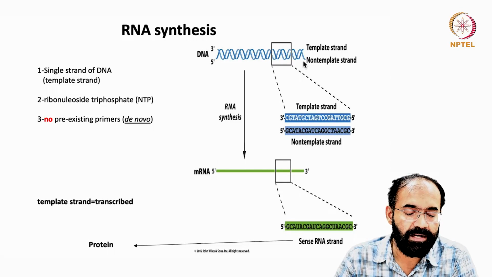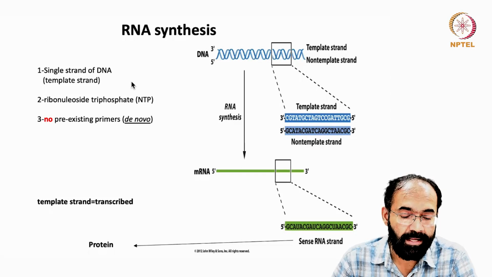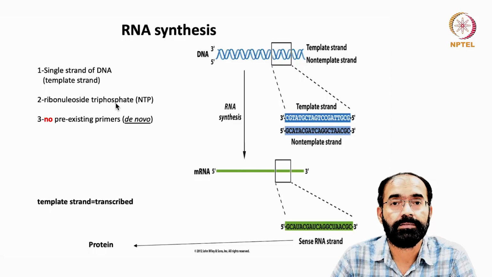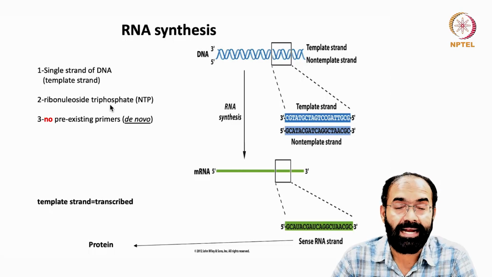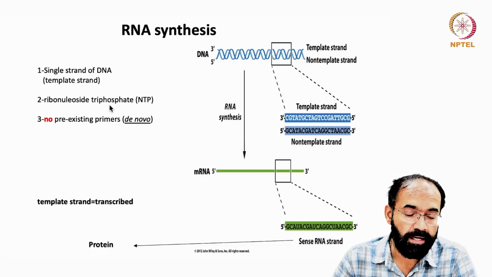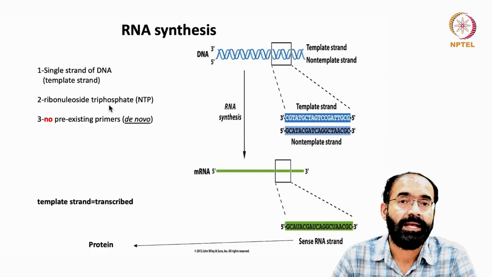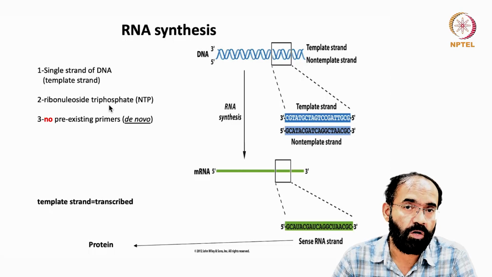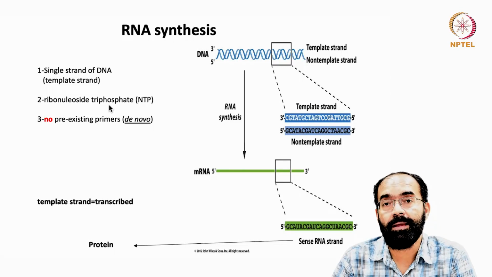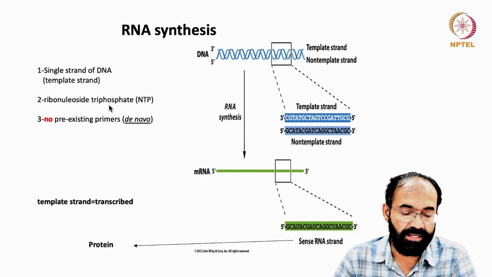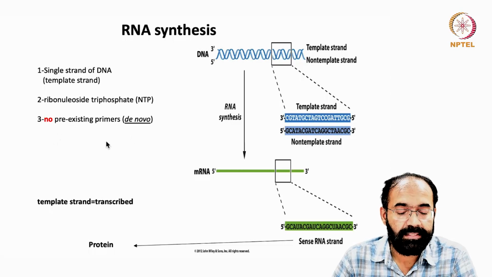So a single strand of the DNA participates in the copying of the RNA, and this process is called transcription, and the monomers used are nucleoside triphosphate or NTP. And if a DNA is being produced, we call it deoxyribonucleoside triphosphate, and there is no requirement of a primer.